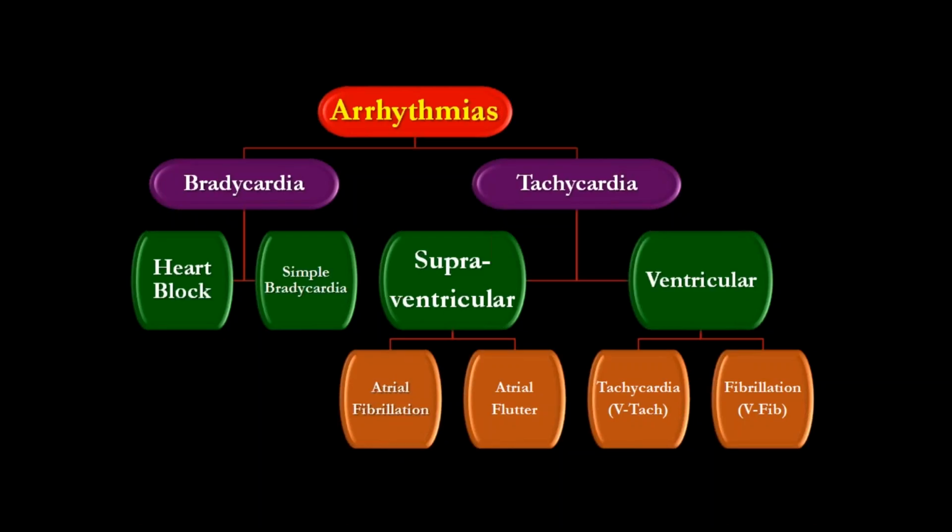Okay, so talking about these, the most common of all is going to be the atrial fibrillation. In the United States in 2016, 2.2 million people were diagnosed with atrial fibrillation.